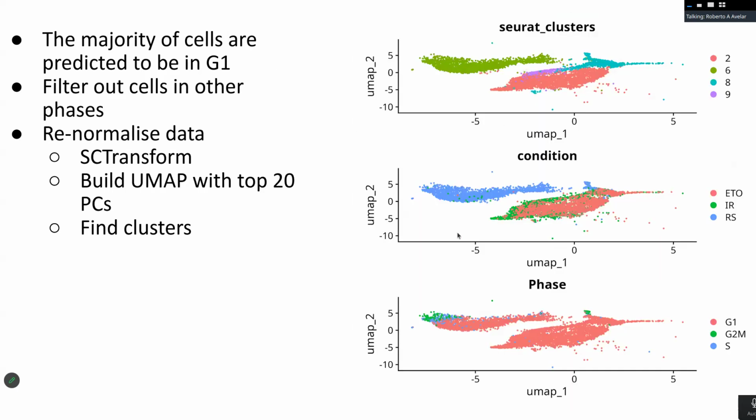And so what we're left with is primarily cells in G1. And we have a few cells predicted to be in G2M and S phase. So we're just going to remove those as well. And we're just left with these red cells, which we then renormalize, and we find new clusters with our new subset of cells.